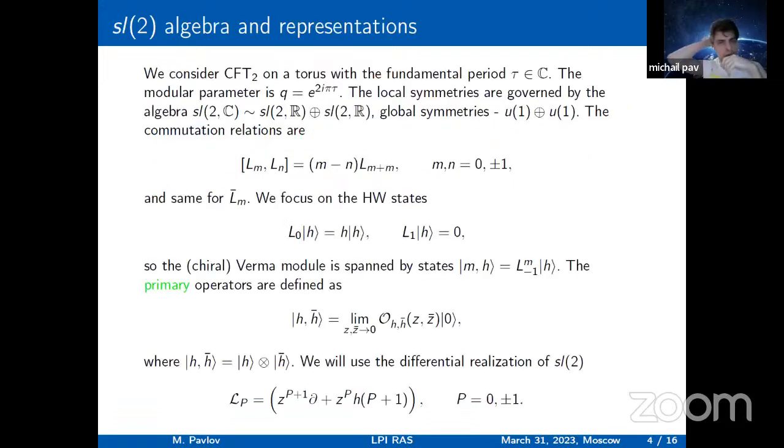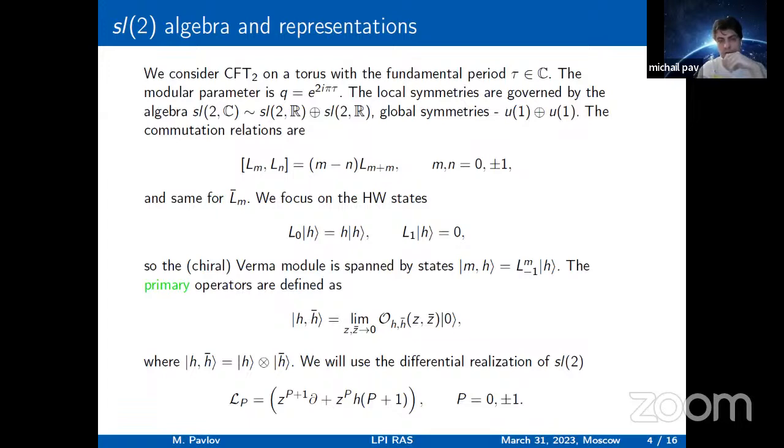Let me start from definitions. We consider conformal field theory on the torus. Tau is the fundamental period, and as usual we introduce the modular parameter. As I mentioned, we consider SL2 blocks. Instead of the usual case of Virasoro symmetry, we have SL2 symmetry, which is the local symmetry.